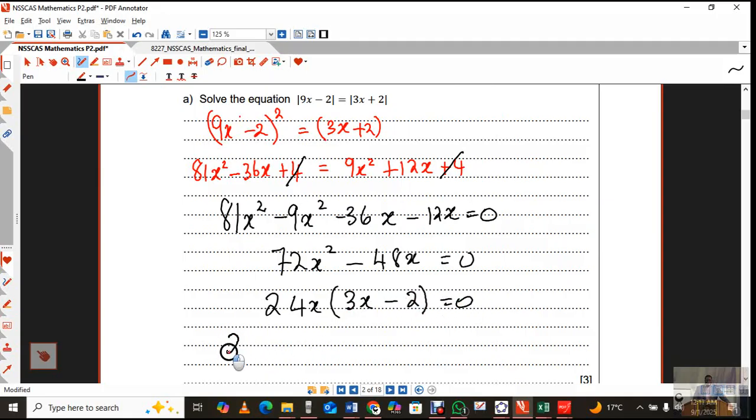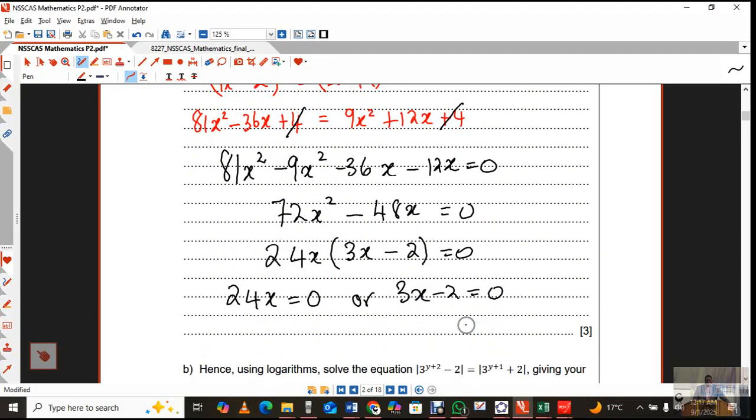You can set 24x equal to 0, or 3x minus 2 equal to 0. Then from there you can solve the values of x. x would equal 0, or x is going to be 2/3, and this is our solution as we are requiring them.